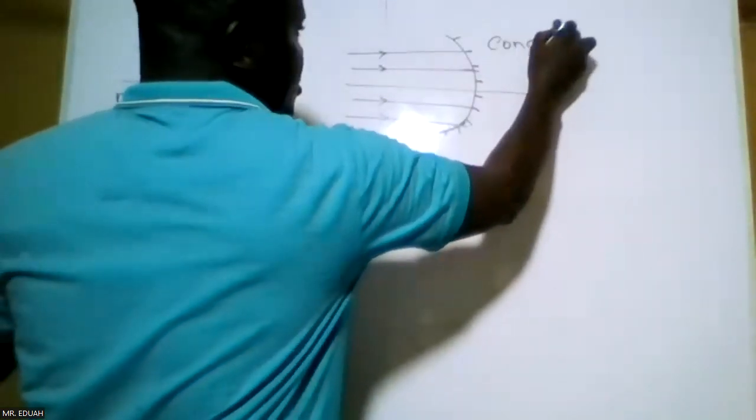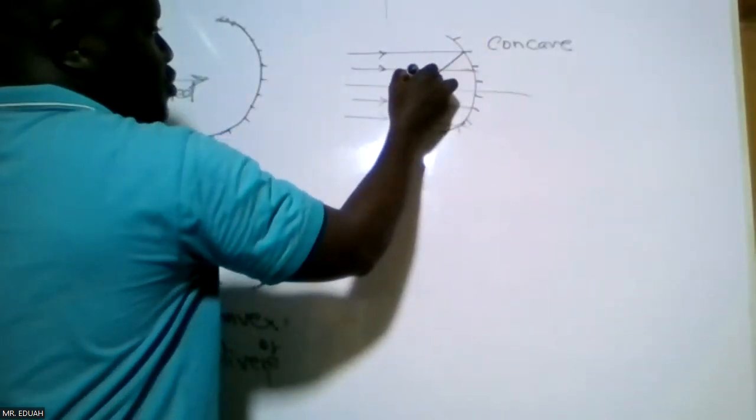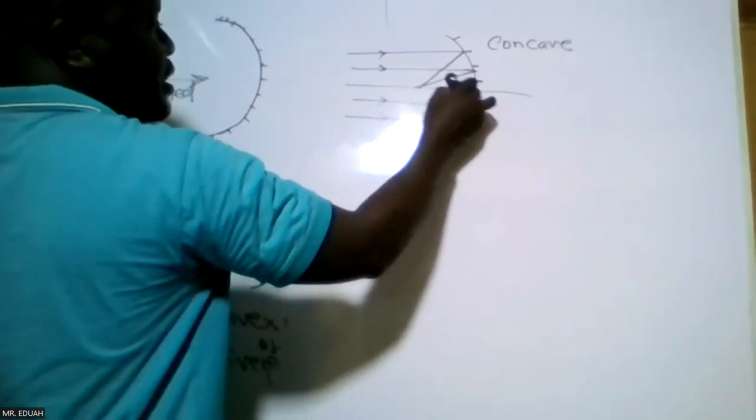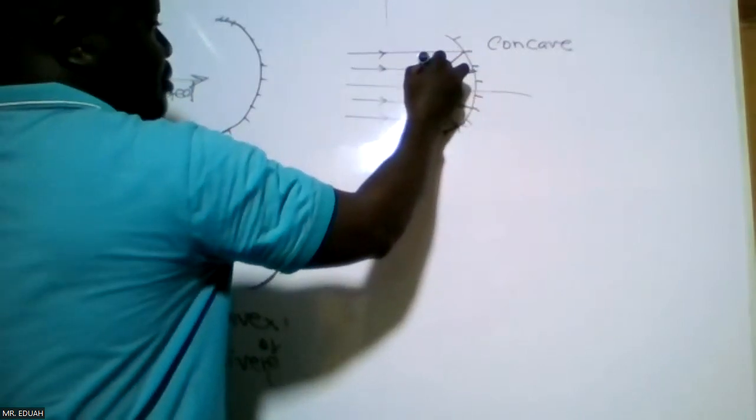Convergent or concave mirrors have the ability to converge or bring to a common point all rays that are hitting it in that parallel manner.